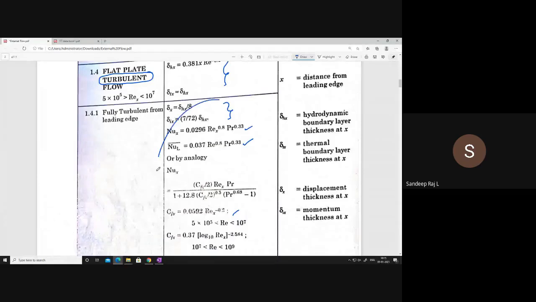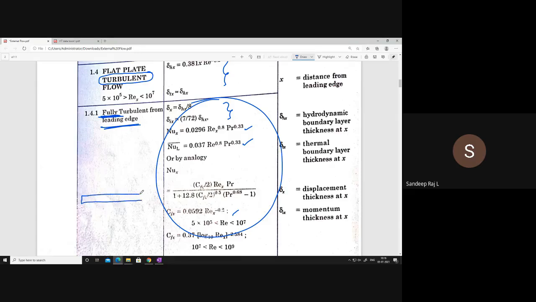All these formulas will be valid when the flow is fully turbulent from the leading edge. Meaning, if this is your flat plate and flow is like this, your boundary layer is like this, and from here itself it is turbulent. So from the leading edge it is turbulent, you will use this.